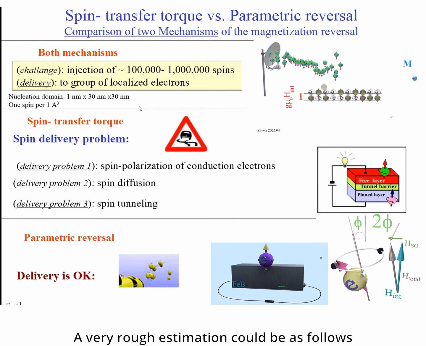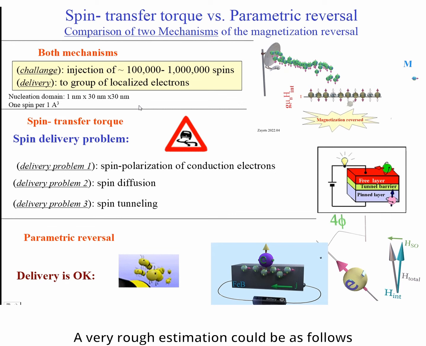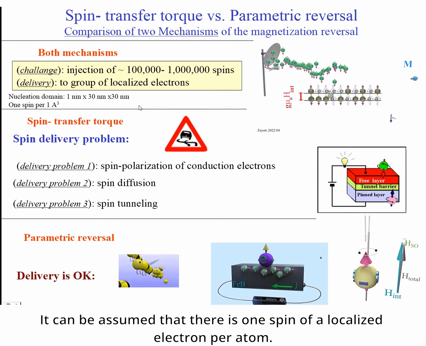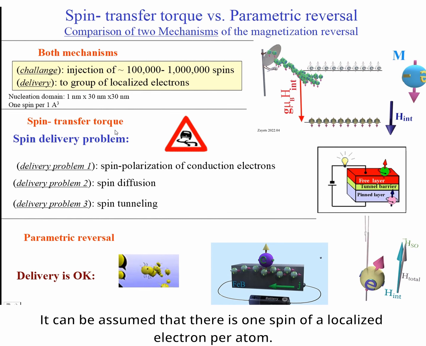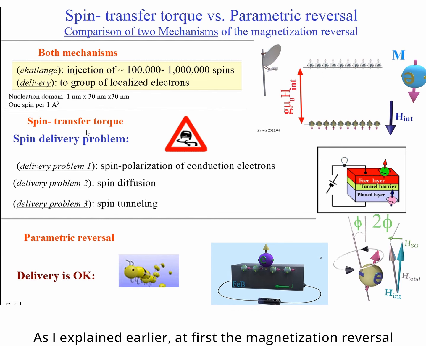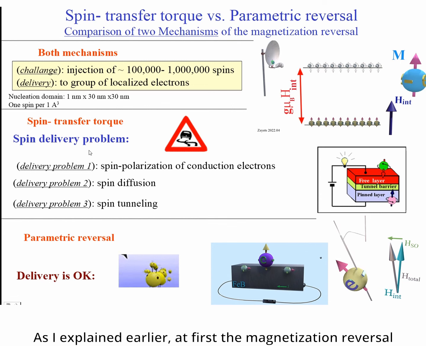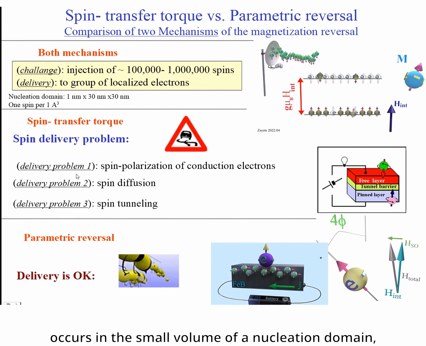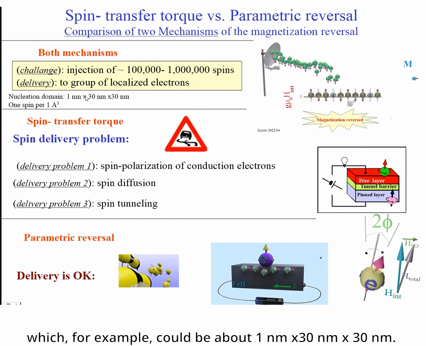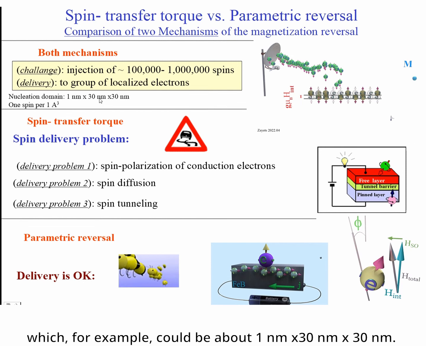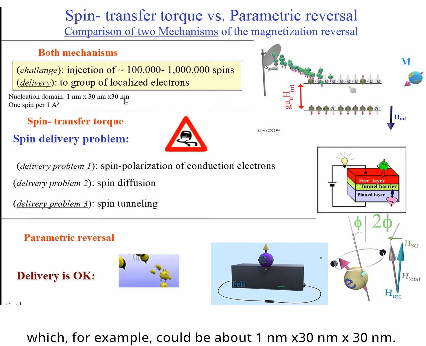A very rough estimation could be as follows. It can be assumed that there is one spin of localized electrons per atom. As I explained earlier, at first the magnetization reversal occurs in small volume of nucleation domain, which for example could be about 1 nanometer by 30 nanometers by 30 nanometers.